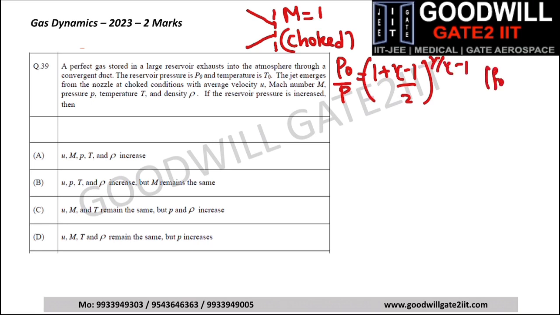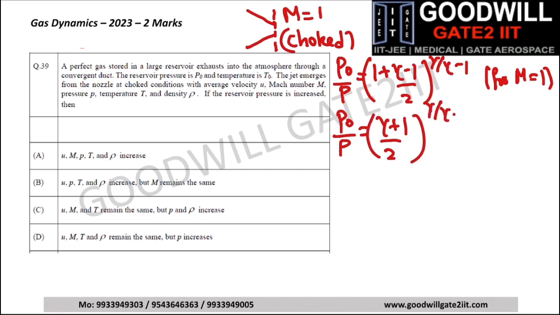So for M equal to 1, we can write P0 by P as ((gamma plus 1) by 2) to the power gamma by gamma minus 1. So now if P0 increases, from this relation we can see that P also increases.